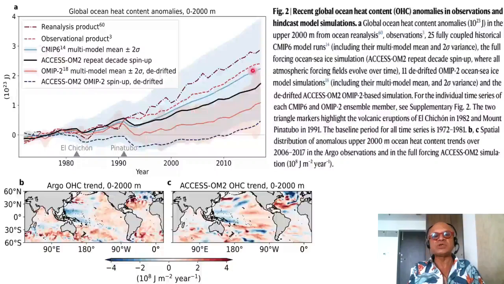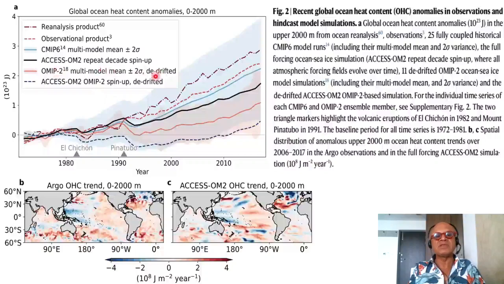And there is an observational product which is quite a bit different, and the differences remain constant almost after some time, but this is not a small amount considering this is 10 to the 23 joules. Okay, CMIP6 models are near observations because they keep in mind these observations in various ways. They implicitly feed into the models.